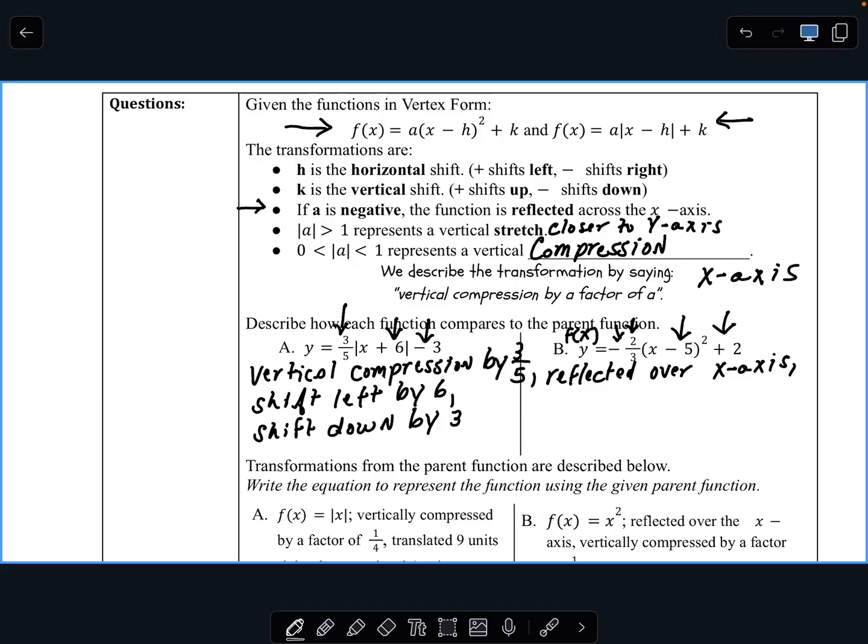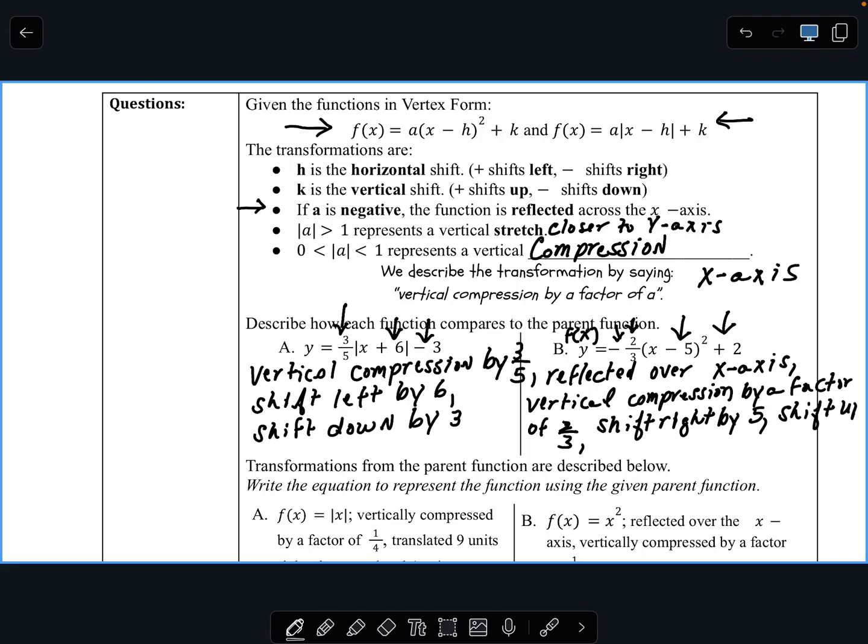We have a vertical compression by a factor of 2/3. We are going to shift right by 5, and we're going to shift up by 2. A lot of changes in that one.